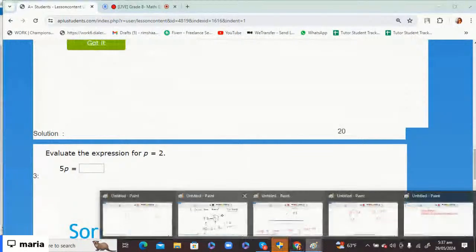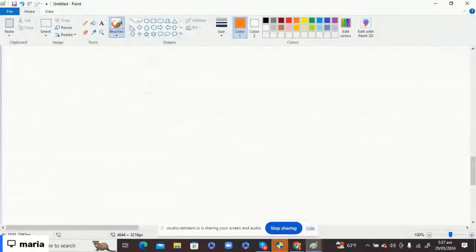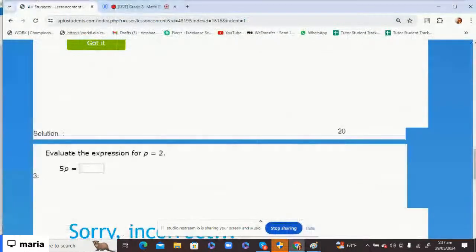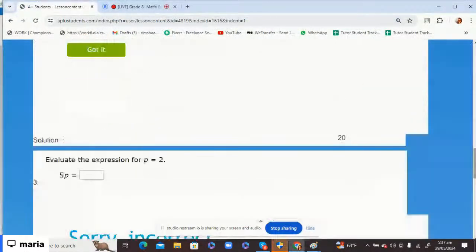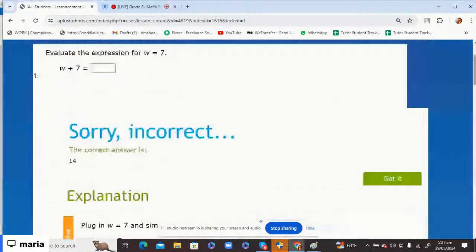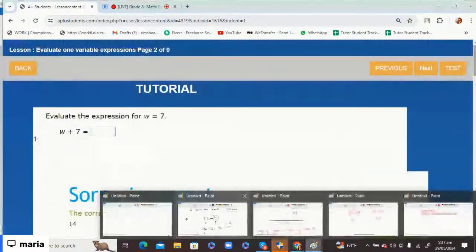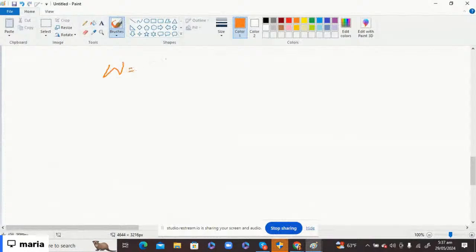I'm going to write some questions here. For example, if they are giving the value of w as 10 and your expression is 6 plus w, what's the answer?